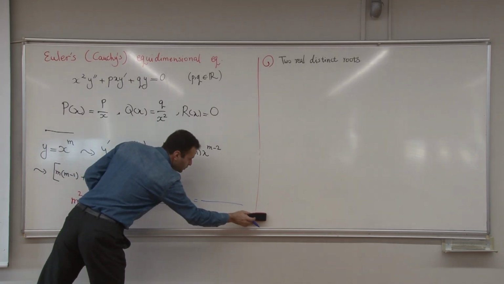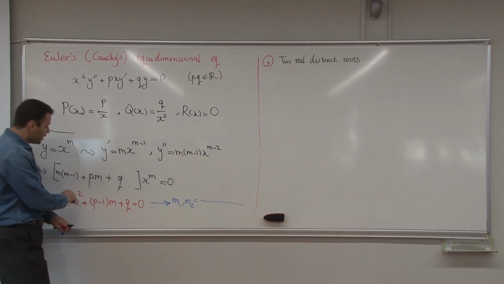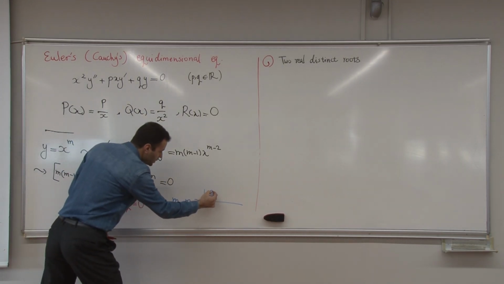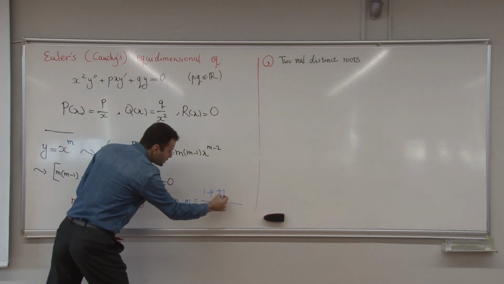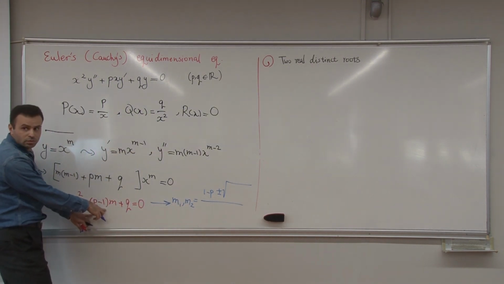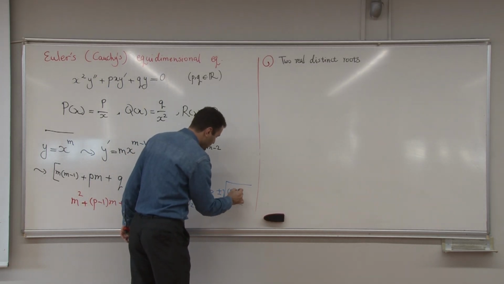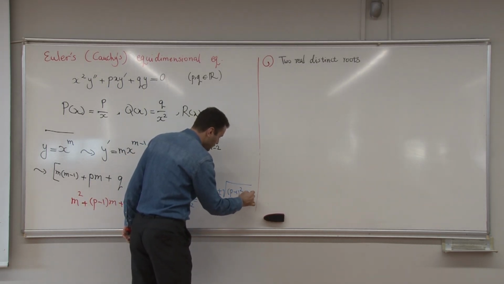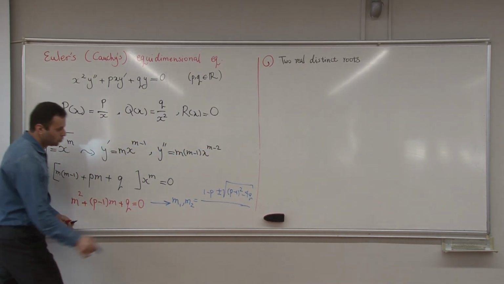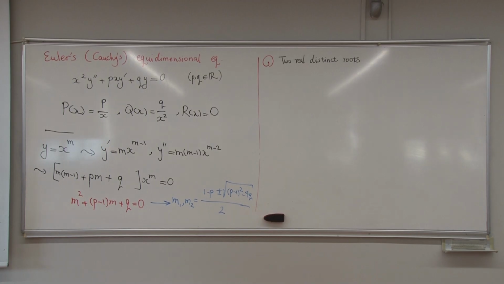They're equal to minus this coefficient, which is going to be 1 minus p, plus minus the square root of (p minus 1) to the power of 2 minus 4q, divided by 2. Okay? These are our roots actually.